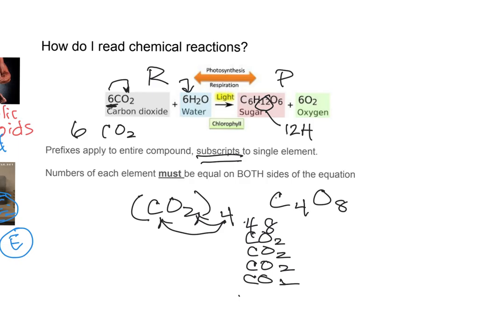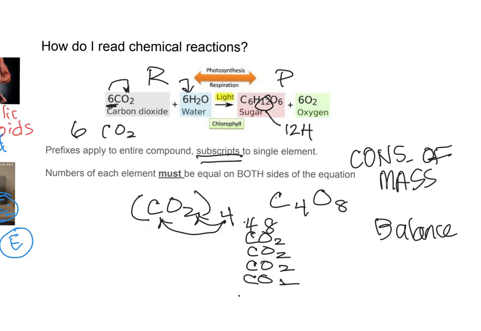It's also important to note the law of conservation of mass. Because of the conservation of mass, which is a physical law, the number of each element on the reactant side must match the number of elements on the product side. This is why we balance equations. You cannot make matter.